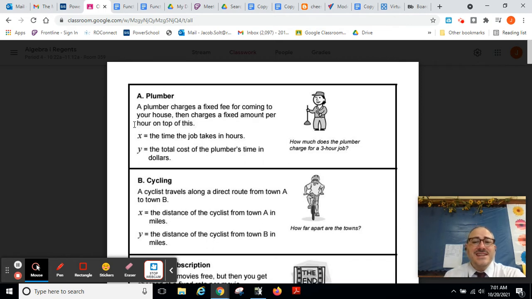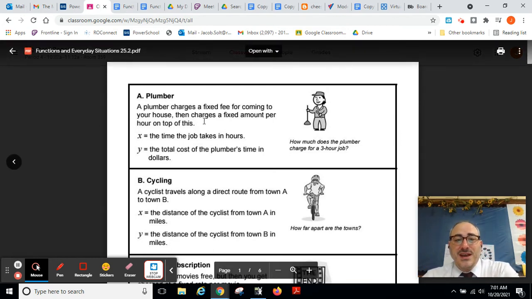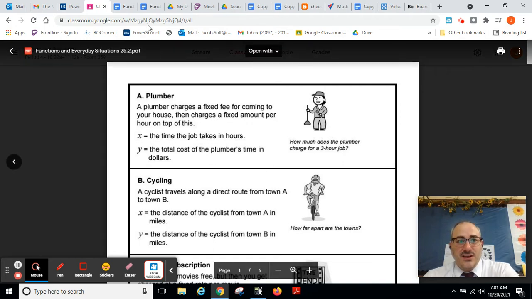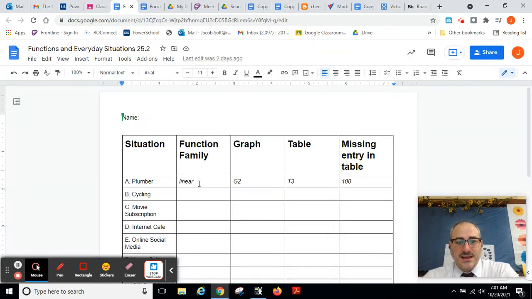Exponential functions multiply and divide the same amount every time, and linears add or subtract the same amount every time. So because we're adding a fixed amount, we should be thinking linear. So now that we've figured linear, we go over here and say, it's going to be linear. That's the function family it belongs to.